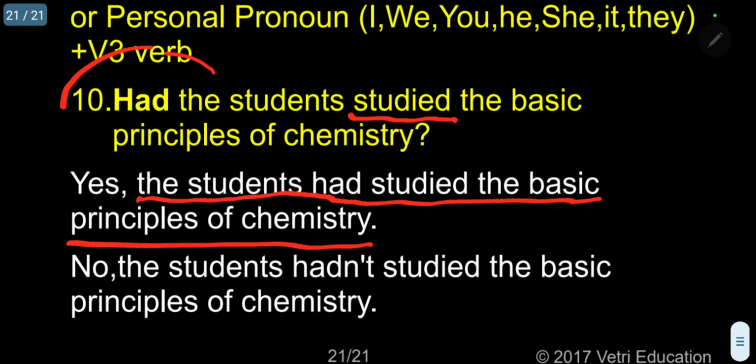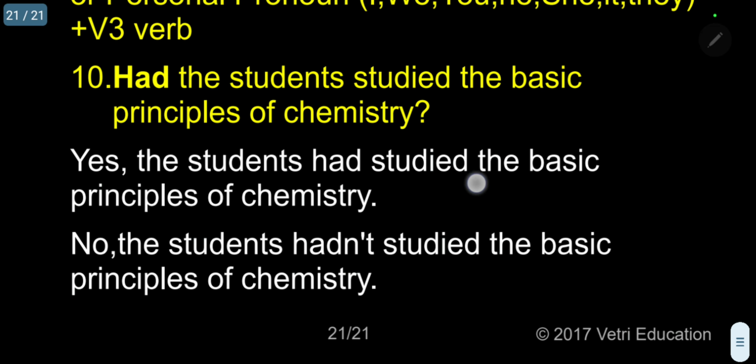Had, auxiliary verb; studied, past participle. If it is no, the students hadn't studied the basic principles of chemistry. So, study, past participle of the V1 verb study. Kindly follow. So I have given 10 examples to explain had, using had as the auxiliary verb.